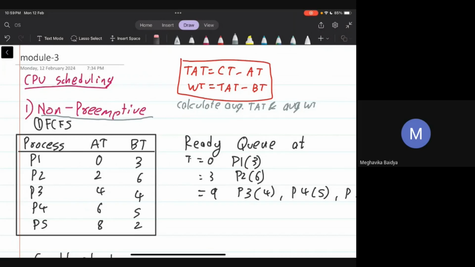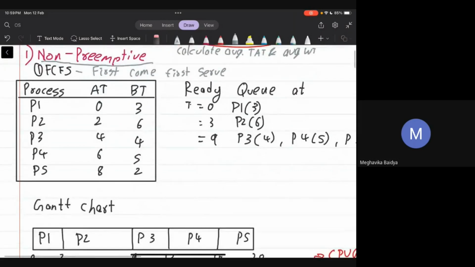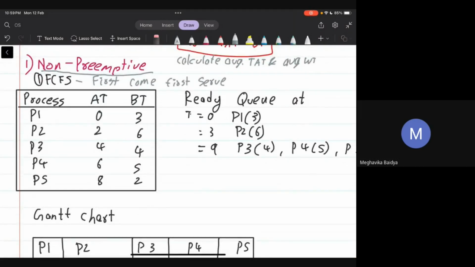Let's take a look. The first one we have is first come first serve. I'll explain what the acronyms are here.